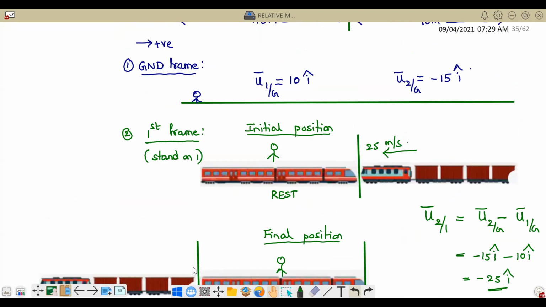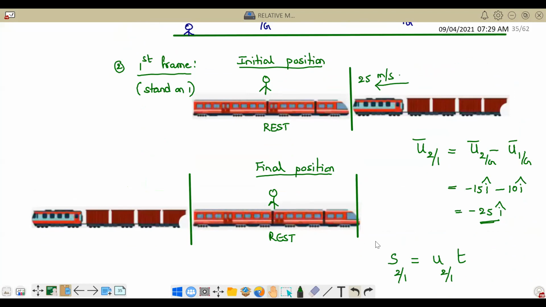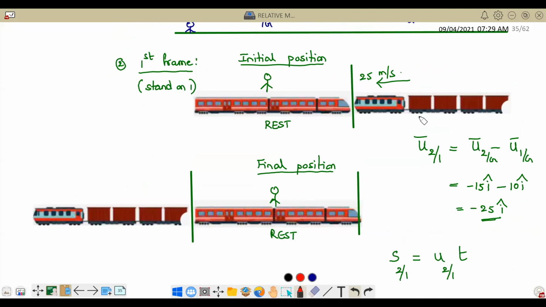Initially it was here. Finally it was here. 90 plus 110. Are you able to understand? Initially, this is 90. This is how much? 110. Correct? Now, if you want to know how much it has covered, just see the engine starting point. Initially the engine starting point is here. Finally, it is here.